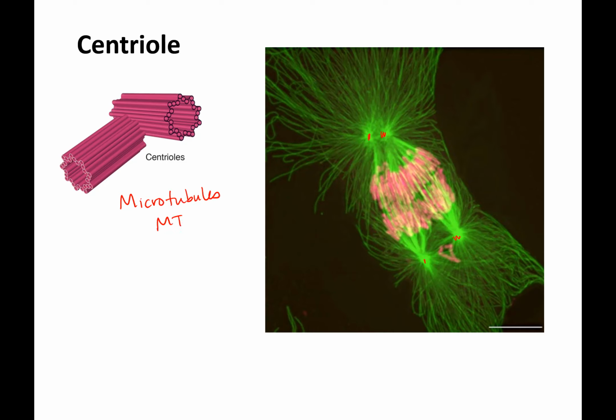So centrioles are a type of microtubule. And these long green pieces are called spindle fibers, which we will talk more about when we talk about mitosis and meiosis. These are also specific types of microtubules.